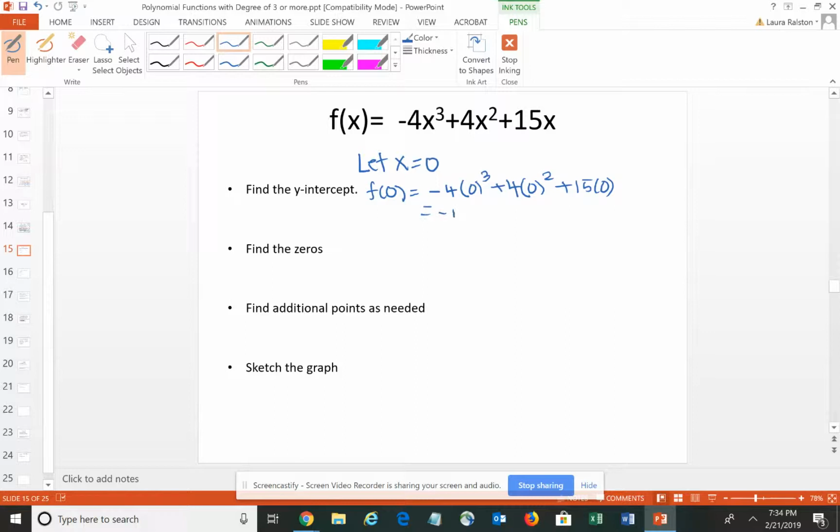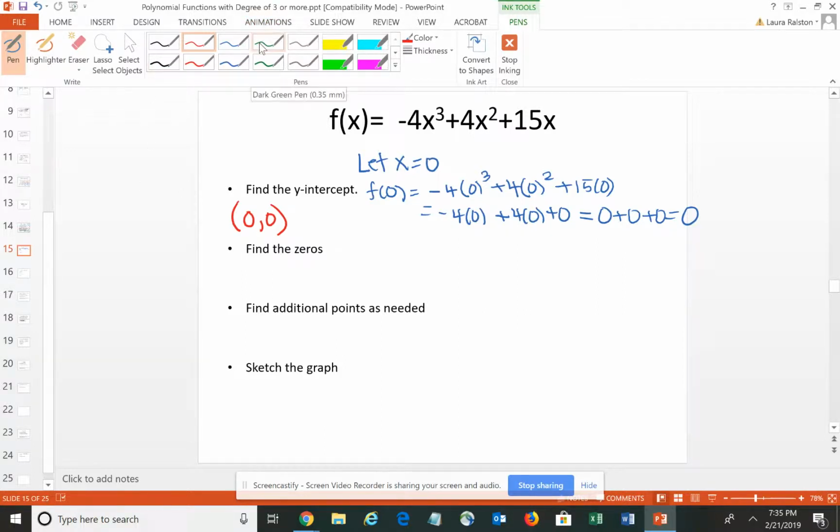So I have negative 4 times 0 plus 4 times 0 plus 0, which gives me 0 plus 0 plus 0, which is 0. So my y-intercept, written as an ordered pair, is (0, 0).